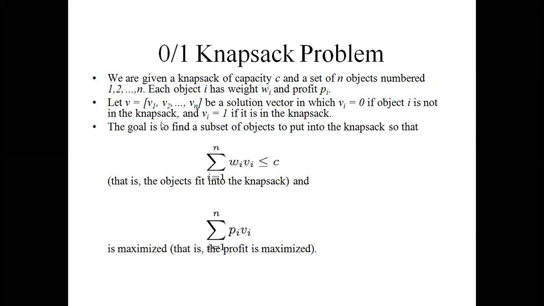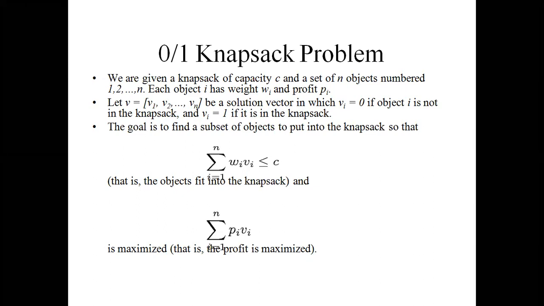Let V equal to V1 to Vn. What is V? V1 to Vn be a solution vector in which Vi is equal to 0 if object i is not in the knapsack. Suppose any one object is not placed in the knapsack, then in the solution vector that particular Vi is equal to 0.